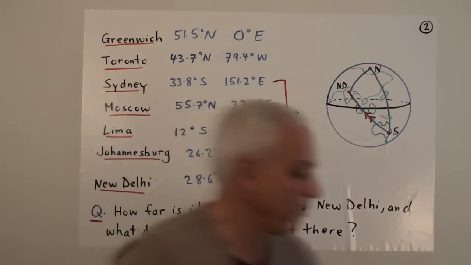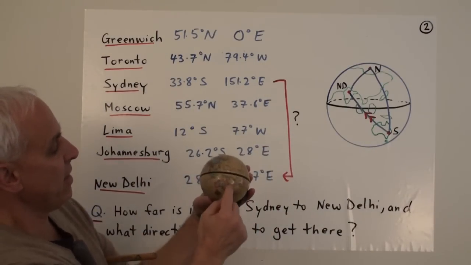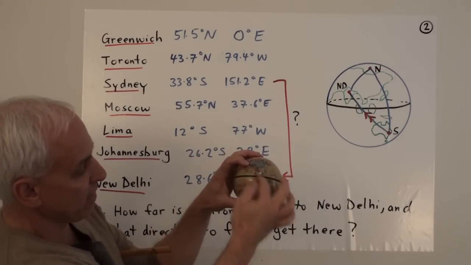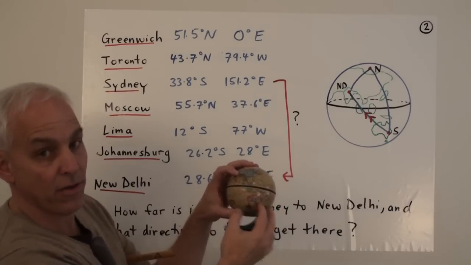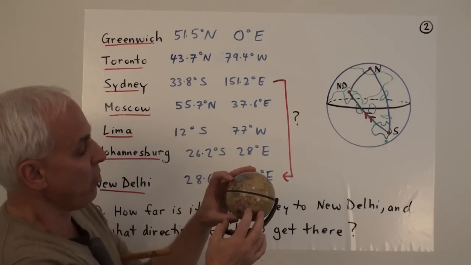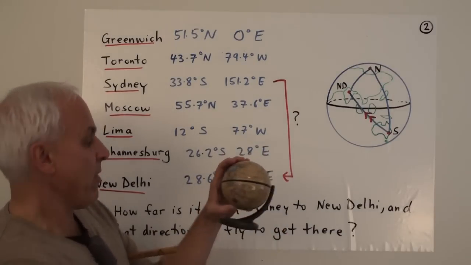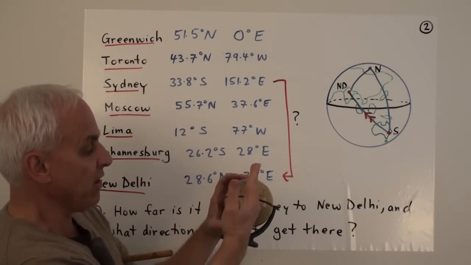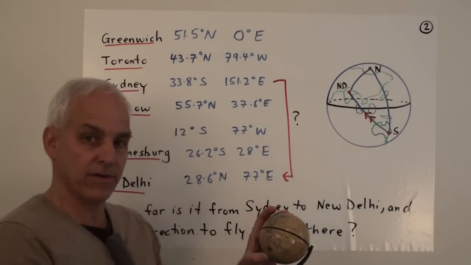And when we say fly, we mean that we're taking our 2 points, Sydney down here and Delhi up here, and we're connecting those 2 points with a great circle, the shortest path on the globe. We want to know what that distance is, and we also want to know what direction a pilot would have to fly in initially from, say, the bearing north in order to go towards Delhi.